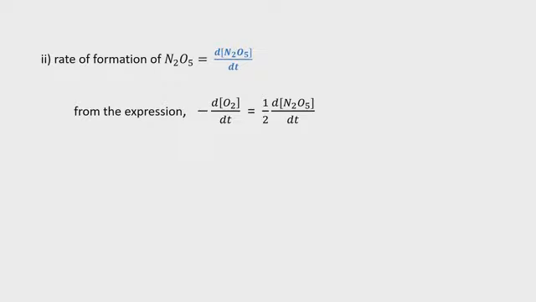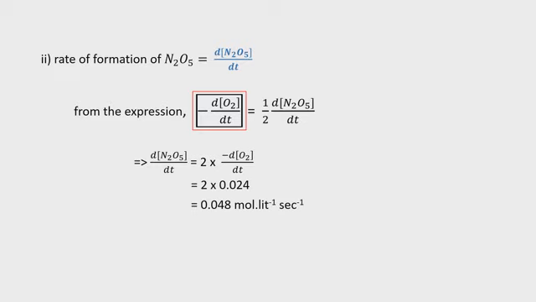Again, I have taken it: minus d[O2]/dt, the rate of disappearance of O2, is given. So just put this value and you will get the d[N2O5]/dt value. So finally, 0.048 mole per liter per second is our answer.